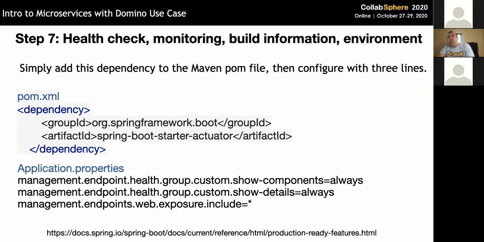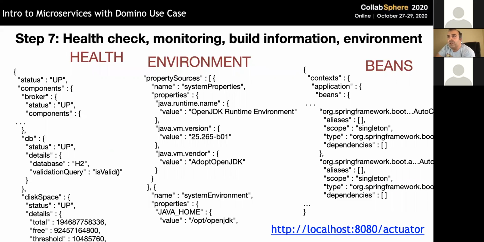Next, I would add health check monitoring and build information in your environment. It's very easy. You add this dependency to your POM file, you set up these properties, and then you get something like this with endpoints. You can use SolarWinds, Dynatrace, New Relic, whatever monitoring tools you have, even custom built things to read JSON or HTML. You can see that the system is up.